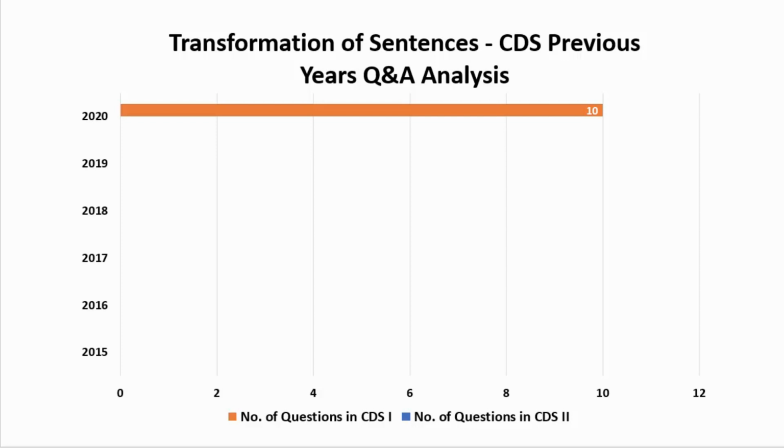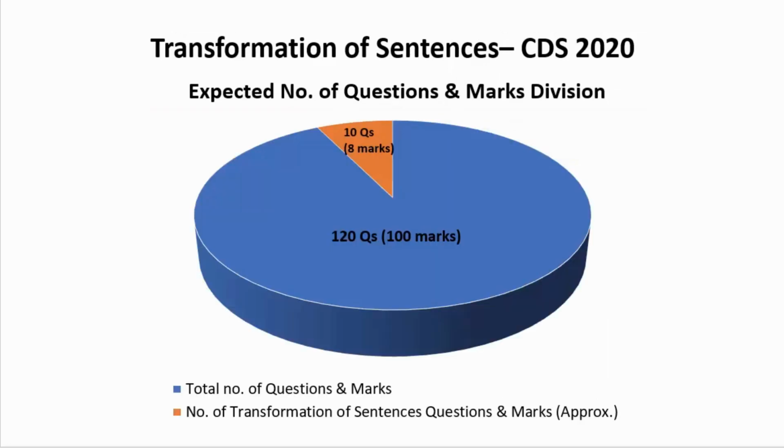So it will not be a very wise idea to leave out this section, because it's a newly introduced section. So you can expect about 10 questions on average if at all it comes, and you can very well expect it in your upcoming examination. 10 questions from this transformation of sentences section, and it will carry 8 marks for you out of the total 100 marks.